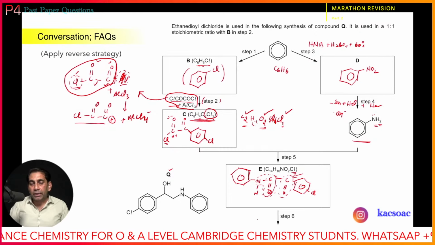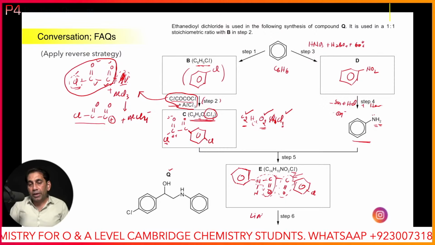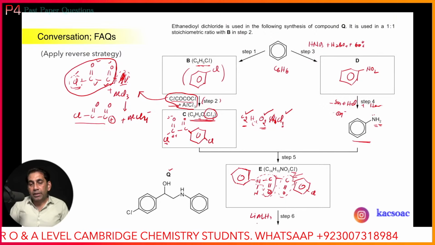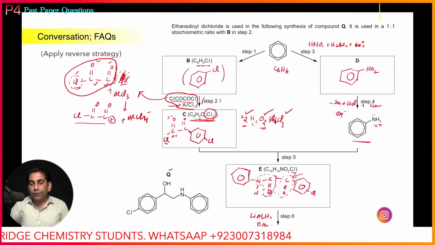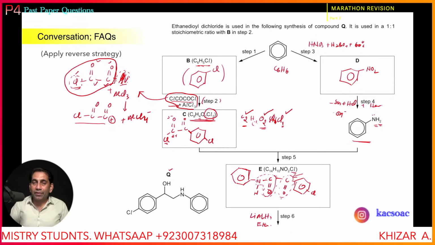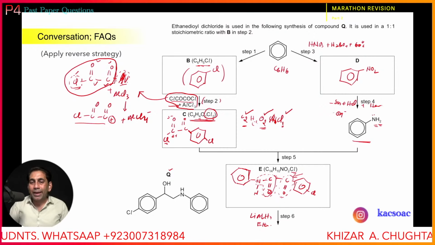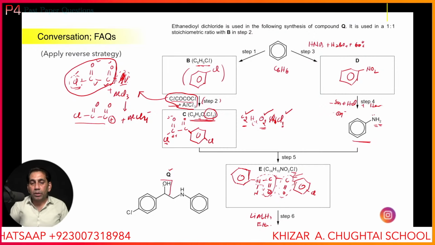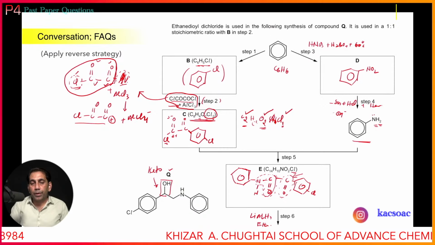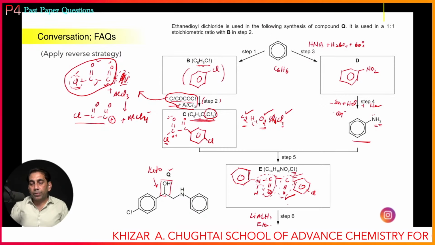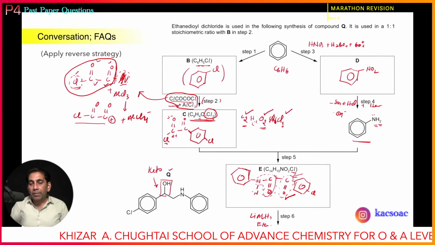Whenever we add lithium aluminum hydride in the presence of ether, there is a reduction of ketone, and whenever you reduce a ketone, it will change into secondary alcohol. This portion comes from the keto group. And what about the imide linkage?